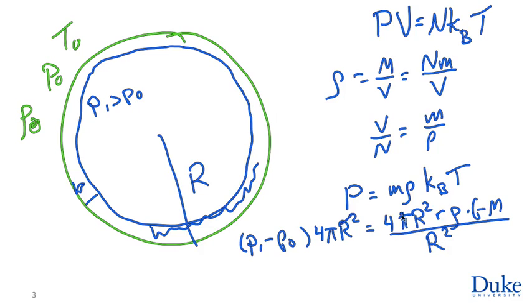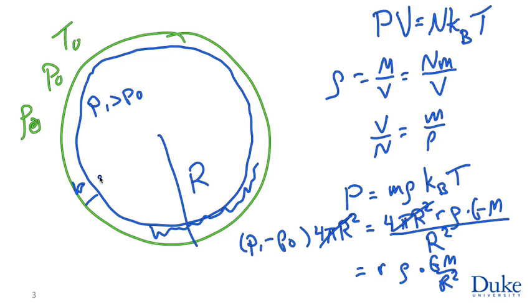Canceling these factors, I can find that the pressure change is r times rho times GM over r squared. Okay, that tells me that if I know the pressure here, I can tell the pressure there. I want to figure out the density and the temperature in here.